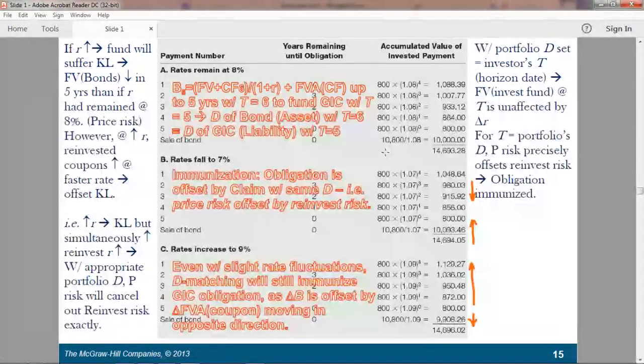But with 1 year left to maturity, right? We are at the end of year 5, and this bond portfolio has the maturity of 6 years. So we have 1 year left.